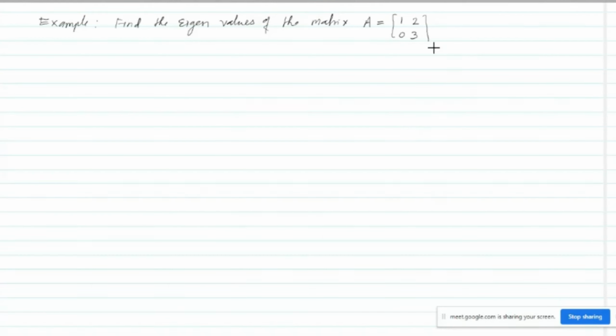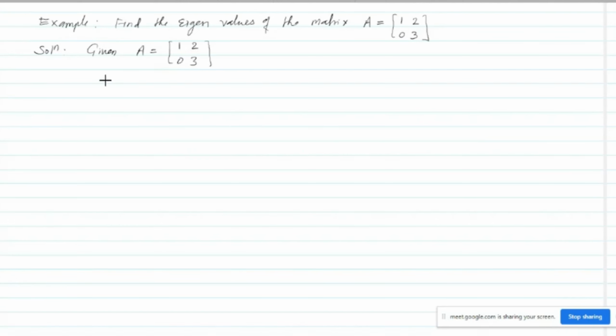Okay, this matrix is given to you, and what I have to do is find the eigenvalues of this matrix. Let us see what the eigenvalues of this matrix are. So just write down the given: matrix A equals 1, 2, 0, 3.